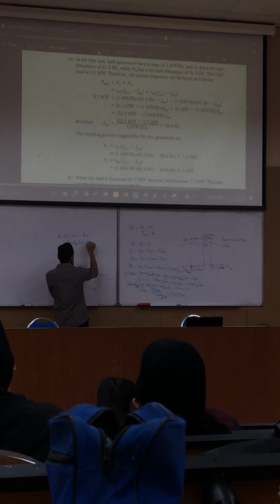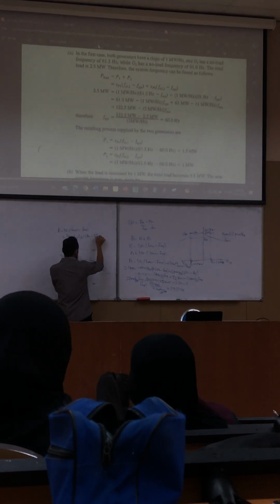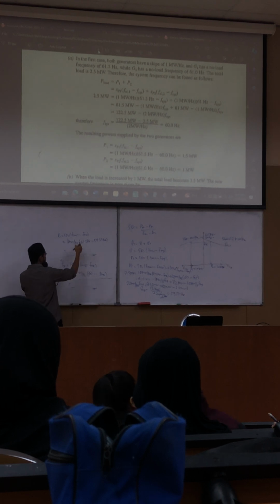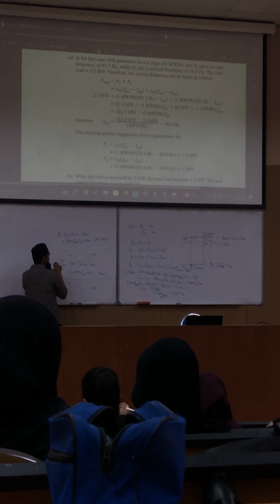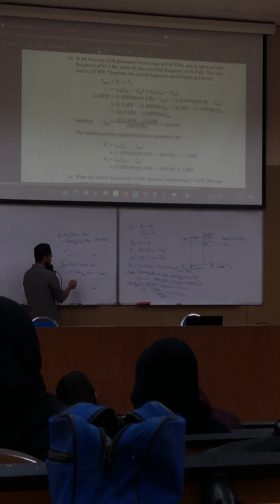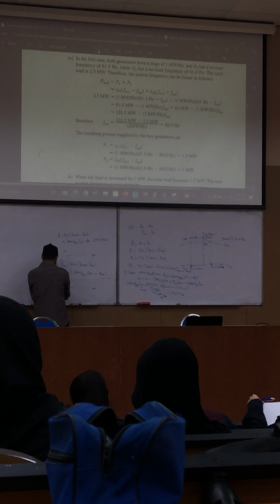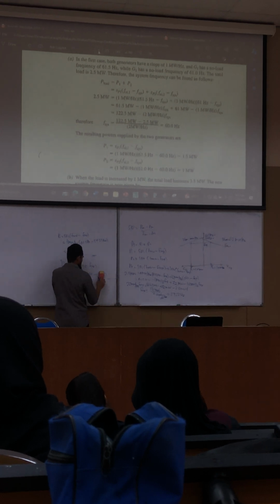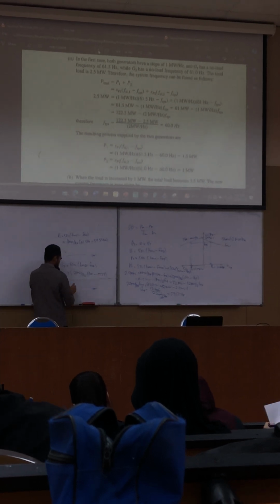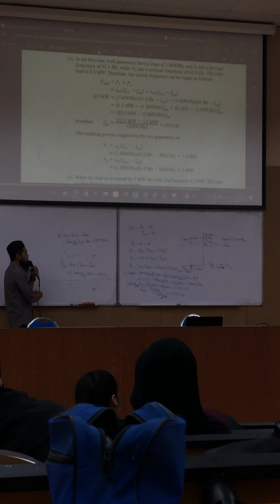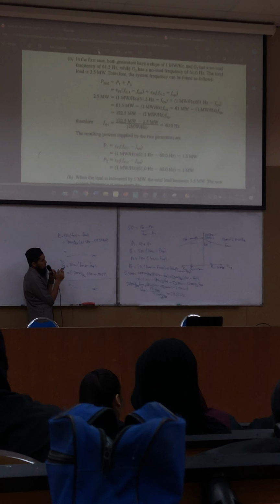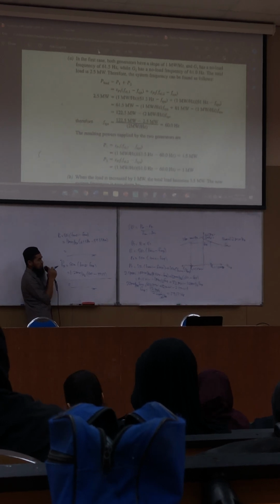Hertz minus 59.55 hertz, so hertz and hertz cancel, leaving megawatt. So how much do you get? How much is P1, the sharing portion, out of that house diagram?